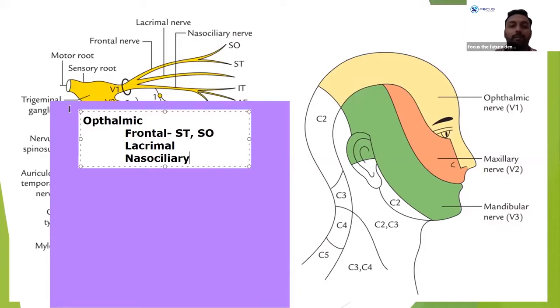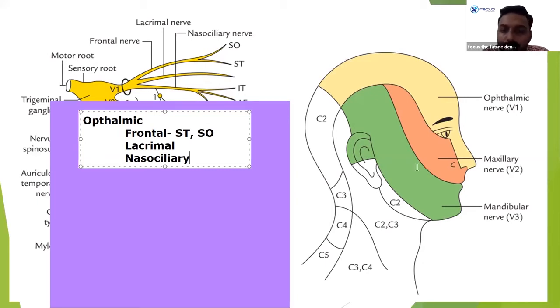So ophthalmic nerve branches: frontal, nasociliary, and lacrimal. So you have already seen that frontal and lacrimal along with trochlear are going to enter the superior orbital fissure through the lateral aspect. Okay, you have tried to recollect. You have studied this already. Okay, nasociliary comes to the middle part of your superior orbital fissure. You have studied that also, isn't it?